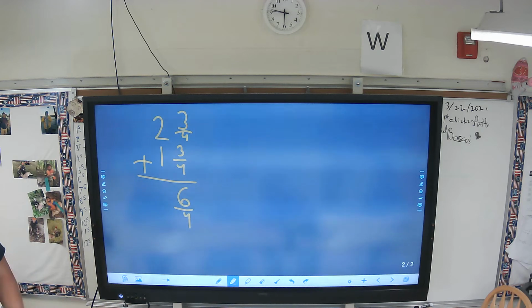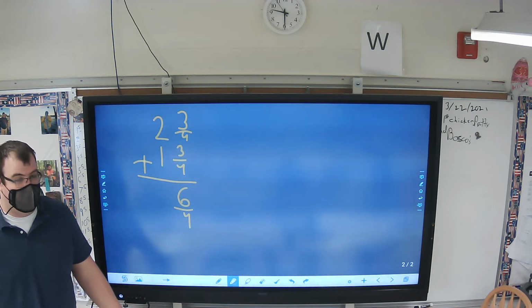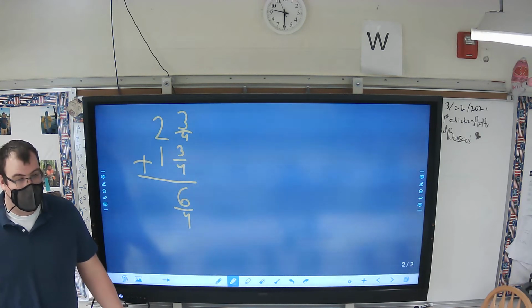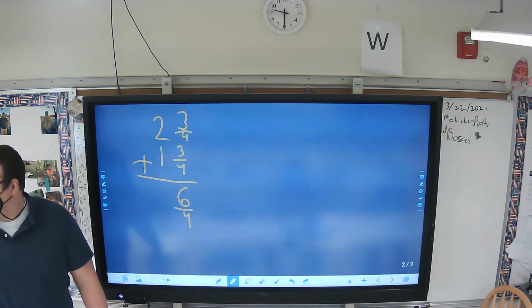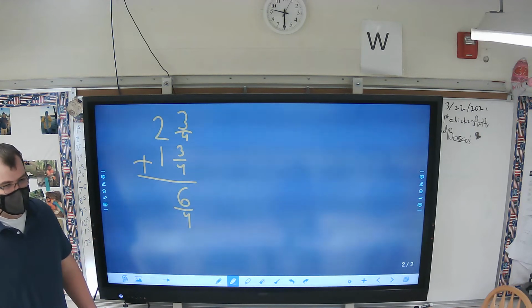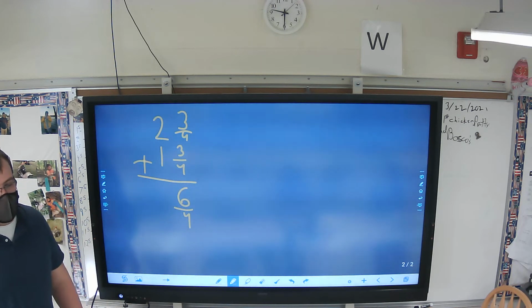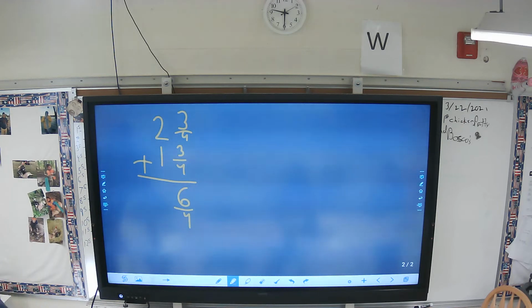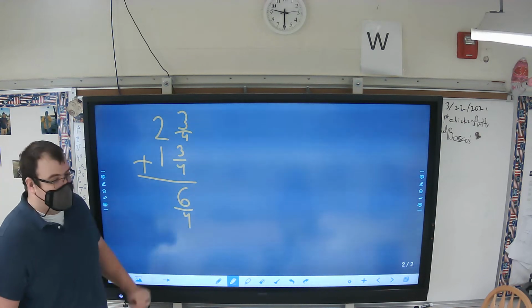It's improper. So what should we do? We should make it a what? Not a proper fraction. A mixed number. There's only improper fractions and mixed numbers. So what do we gotta make this?